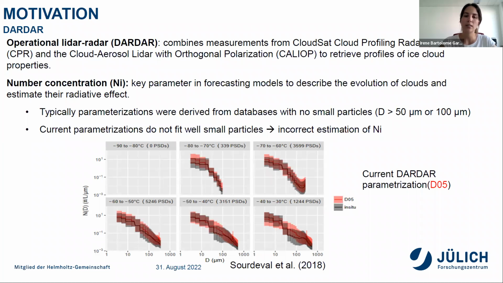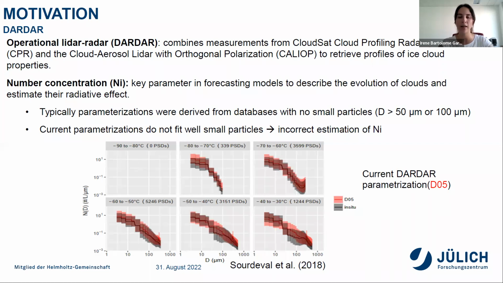So there's this work from Sourdeval et al. in 2018, where they use the DARDAR framework to obtain the number concentration. This framework aims at constraining parameters of the PSD, and they use a parametrization that for now I will call D05, which I will explain in more detail later.